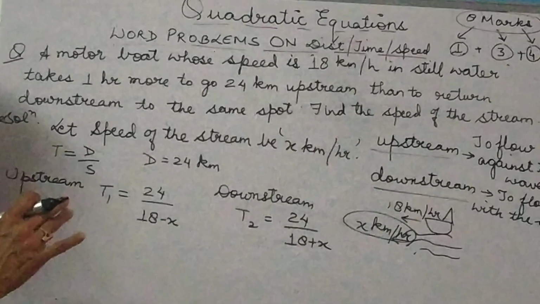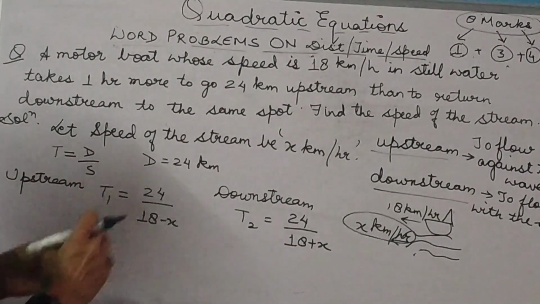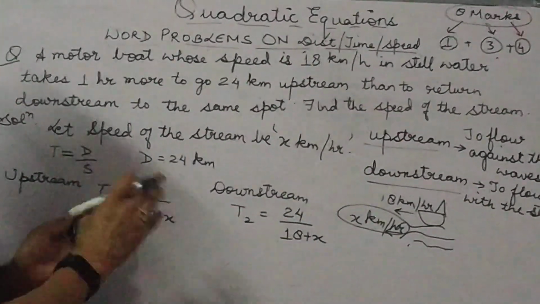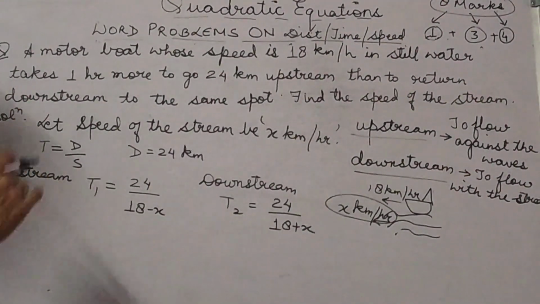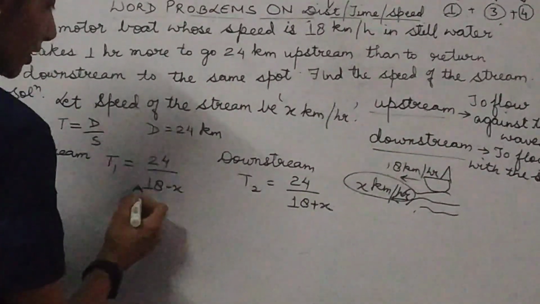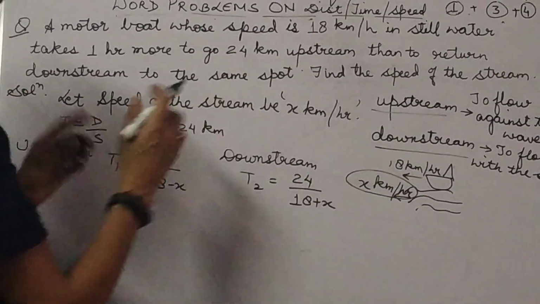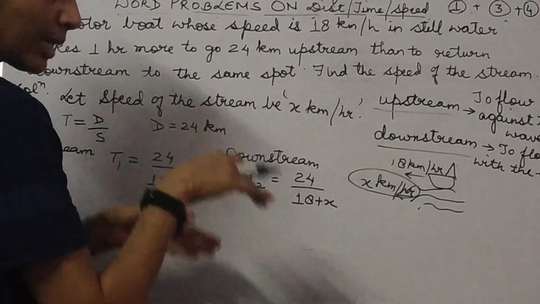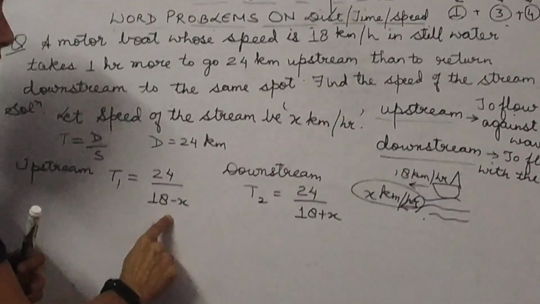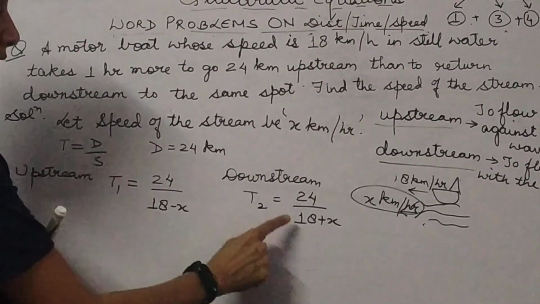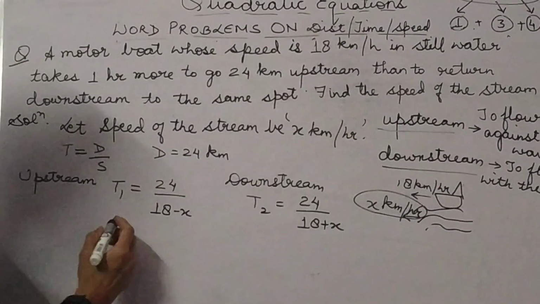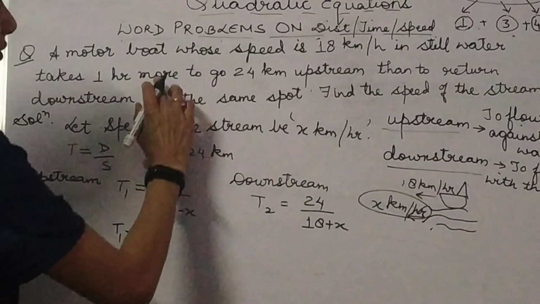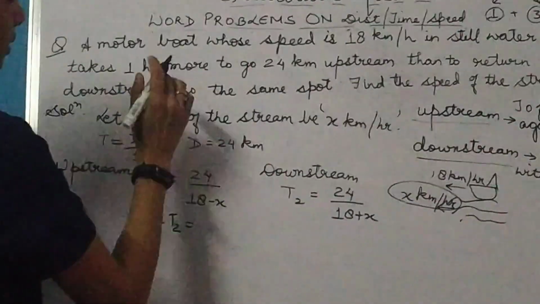Now the difference of time is given, but here you need to understand whether it should be T1 minus T2 or T2 minus T1. I told you, lesser the denominator, greater the value; greater the denominator, lesser the value. T1 will give me a greater value and T2 the smaller value. So I will do T1 minus T2, and the difference in time is 1 hour.